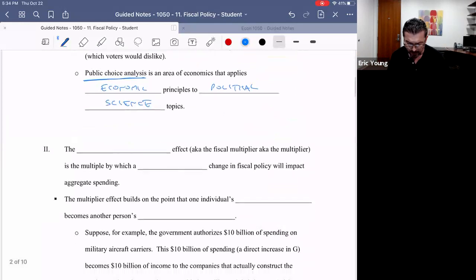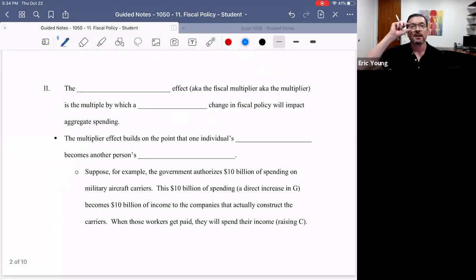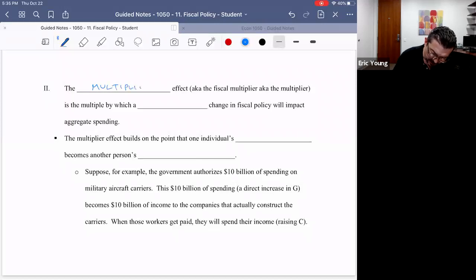Now, you know, therefore, that fiscal policy is government spending and tax rates, that it can be expansionary or contractionary. To complete this discussion, though, it's important that we go back to a concept that we visited in monetary policy, and that is the multiplier. Because there is also going to be a multiplier effect in fiscal policy.